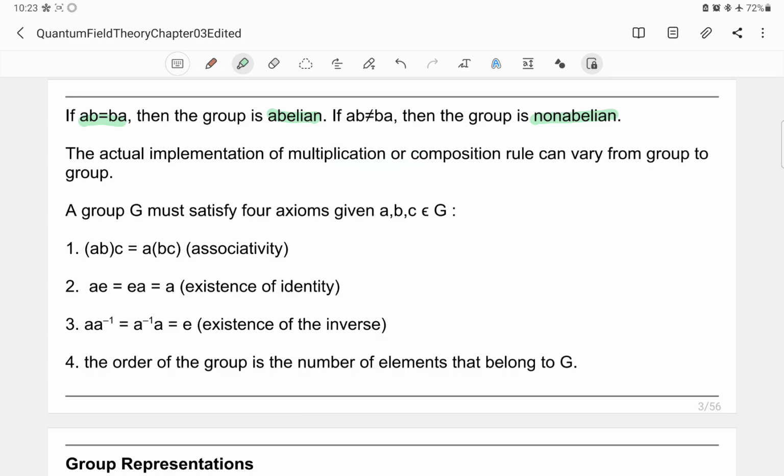So you don't really say that a group is the same as the other group, because sometimes the composition rule in that group is different. For example, your first group would have a composition rule of addition, and the other group would have a composition rule of multiplication.